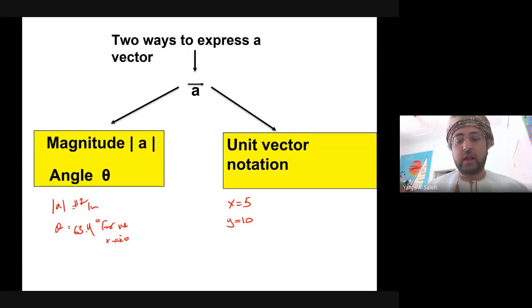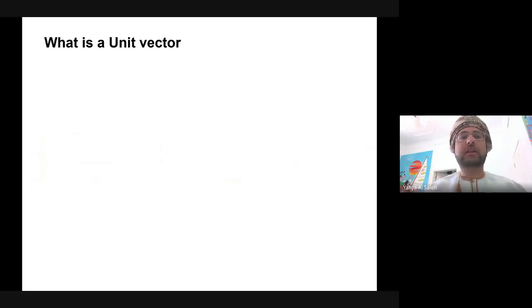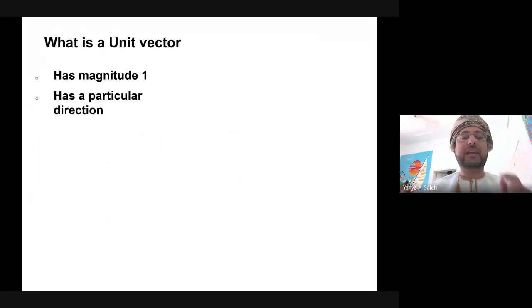Now this whole x equals 5 and y equals 10 is not elegant. في طريقة أفضل أنه نحن we express it in. What is it? We call it a unit vector. What's a unit vector? A unit vector has a magnitude of 1 and has a fixed particular direction. What does this mean?